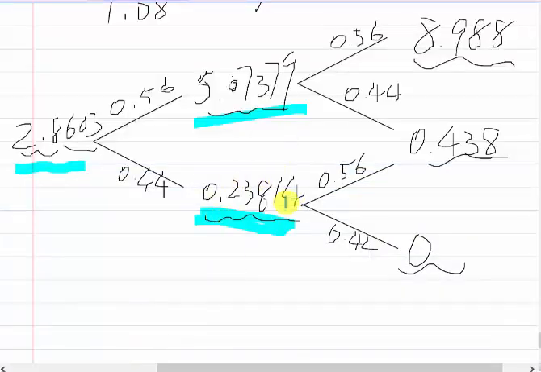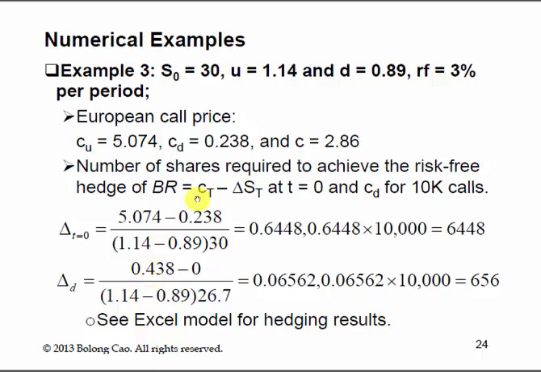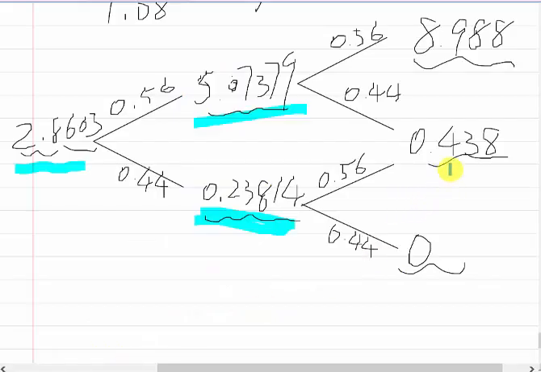Now, at the first period downstate, at this point, what we have is the two values, the down-up is 0.2388, and the down-down is 0.